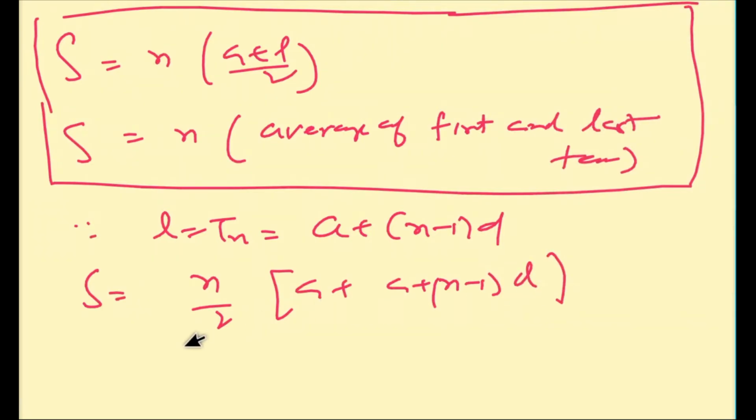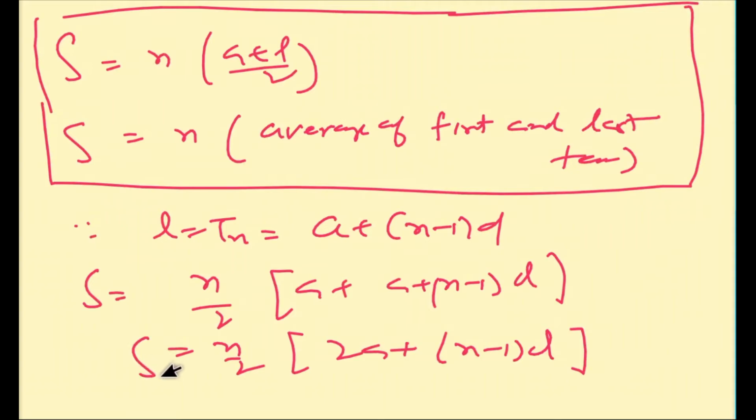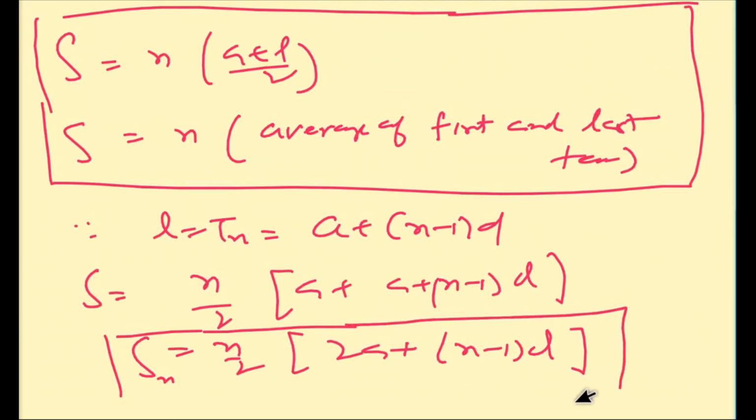So we can write here n by 2 into (2a plus (n minus 1)d). So this is also a basic formula for finding the sum of n terms. We will use this formula if we don't know the value of l, but we know the value of d, then we can find using this formula. Okay students, are you understanding?